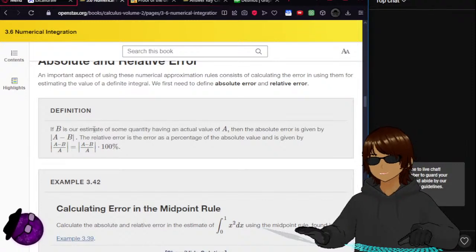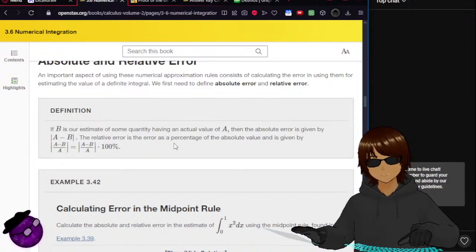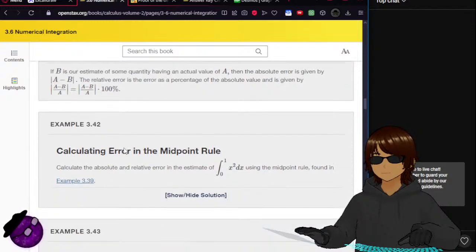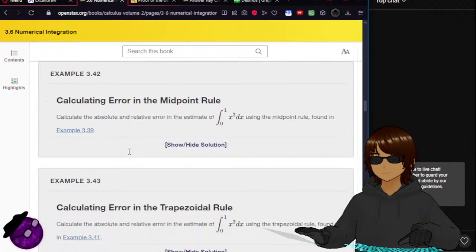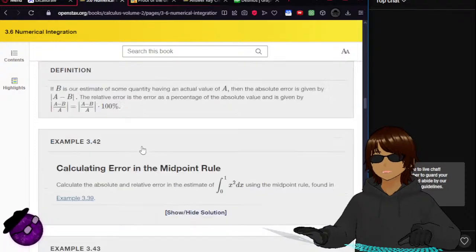If b is our estimate of some quantity having an actual value of a, then the absolute error is given by the modulus of a minus b. The relative error is the error as a percentage of the absolute value, given by this. Calculate the absolute and relative error in the estimate using the midpoint rule found in example 3.39.